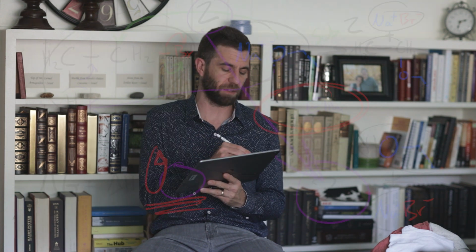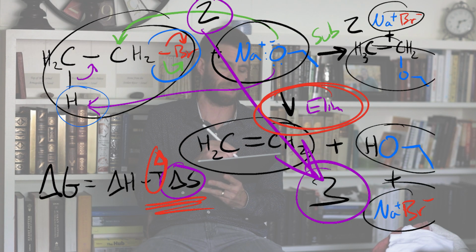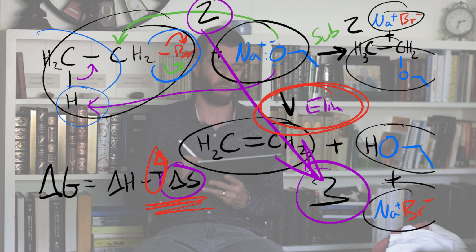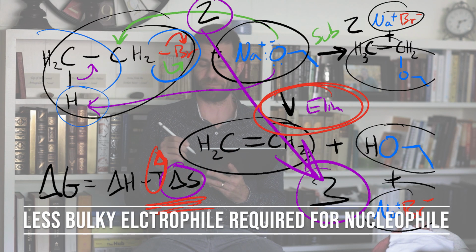Give you one other little tip, and then we'll go through these in more detail in future. My other small tip for us here is that if we look at our base or our nucleophile, the ability to grab an H is much easier than the ability to sneak in here between all of the big bulky Br and this carbon and all that, and to grab that carbon. The steric hindrance is affecting us.